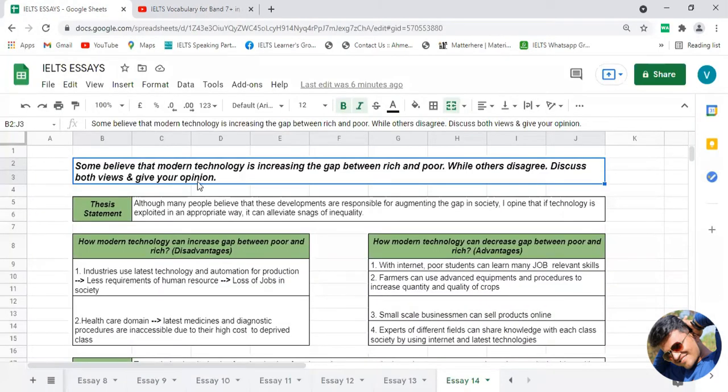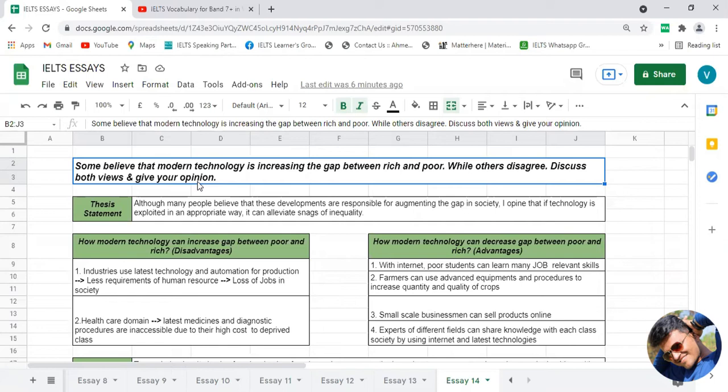Now let's come back to today's topic. If I read out the statement which is in front of you, the topic is something like this: Some people believe that modern technology is increasing the gap between rich and poor, while others disagree.